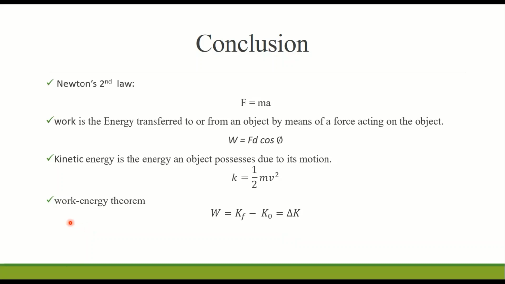This theorem states that the net work exerted on an object is equal to the difference between the object's final kinetic energy and its initial kinetic energy. We proved that through mathematical calculations and the application of basic physics principles.